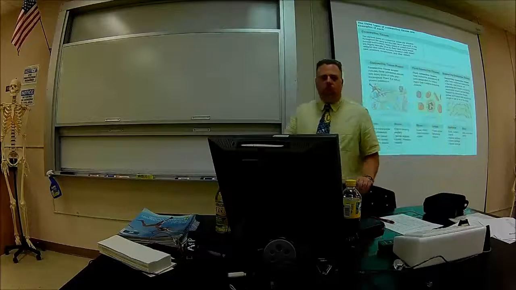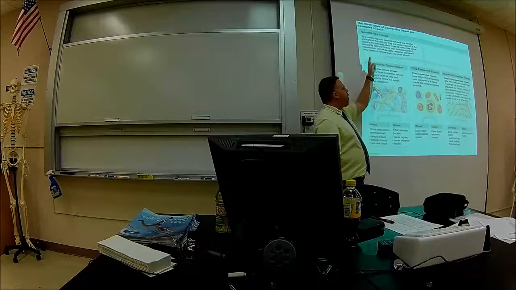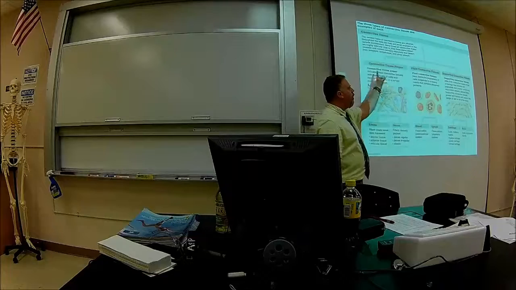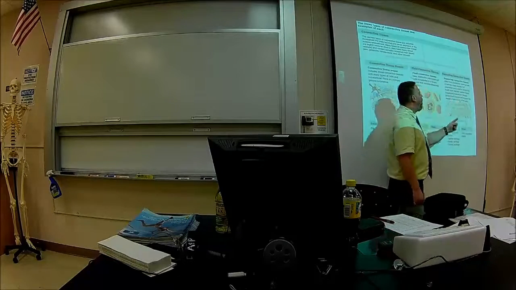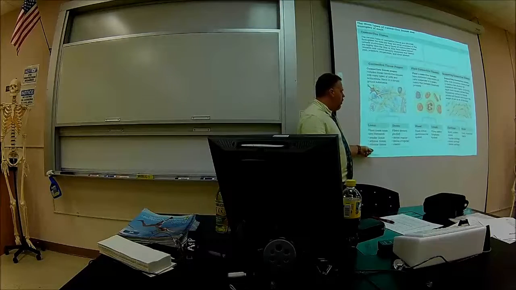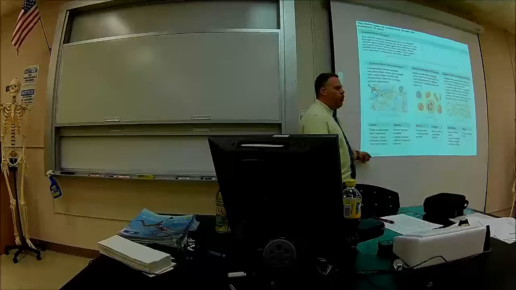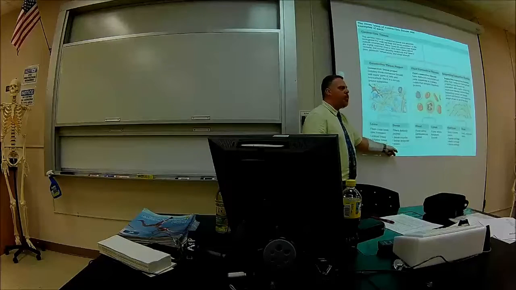So, this is how it's broken down. Connective tissue is broken down into connective tissue proper, fluid connective tissue, supportive connective tissue. The connective tissue proper could be dense or loose. We have 3 loose ones, we got 3 dense ones.